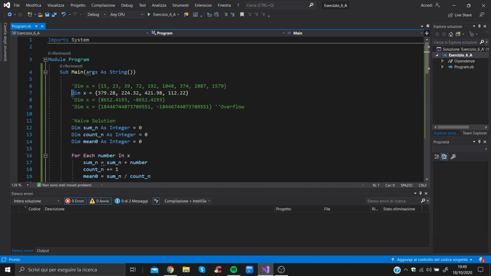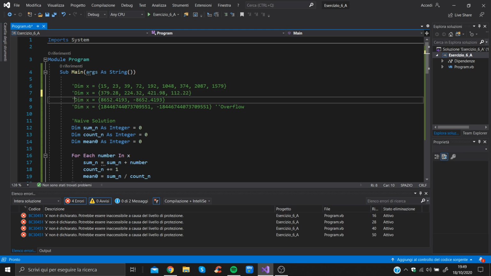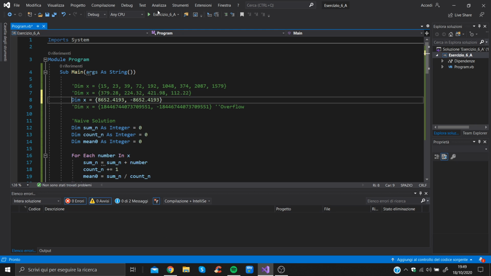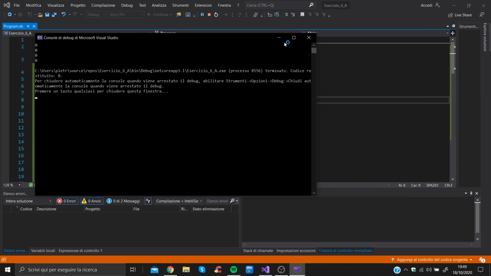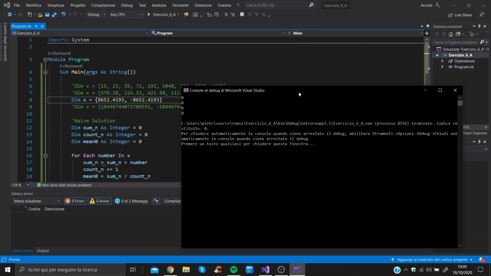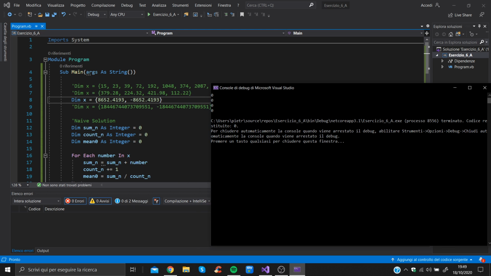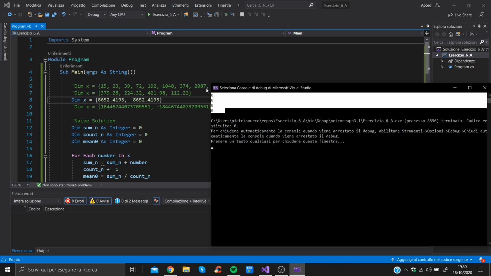But let's see what we get with this one. With this solution we get 0, because the mean of two numbers that are the same but opposite, one positive and one negative, gives 0. So it's not a problem for our first solution.